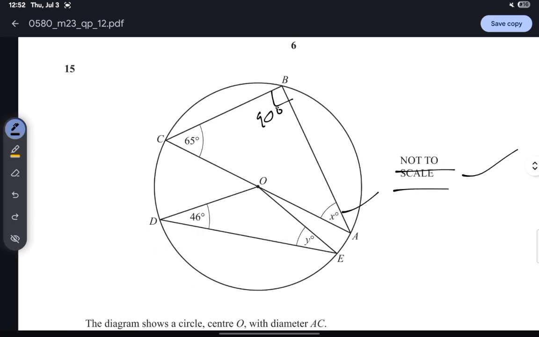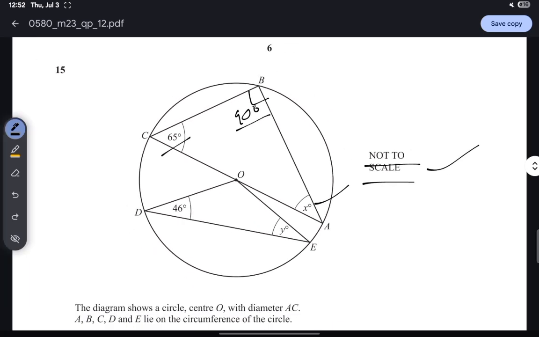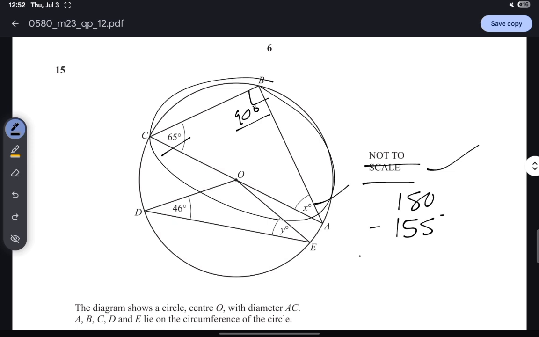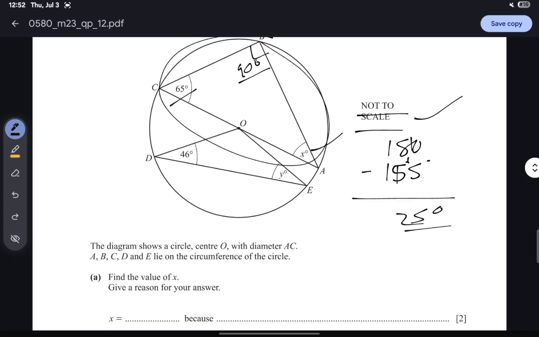So adding this angle and this 65, we get 155 degrees. And we know angles in a triangle add up to 180. So 180 minus 155, we'll see it's what? It's 25 degrees. So X is 25 degrees.